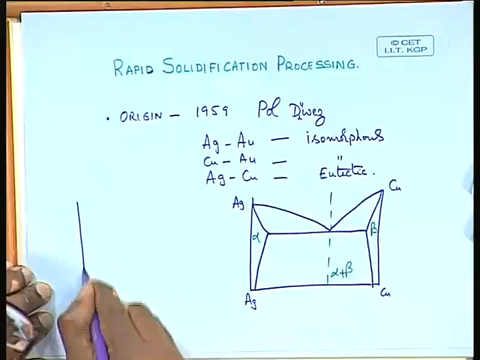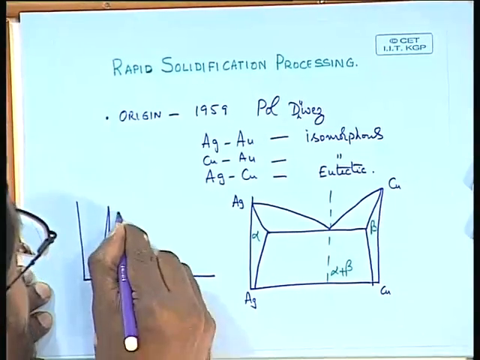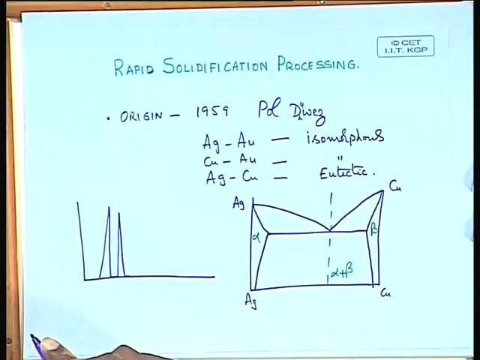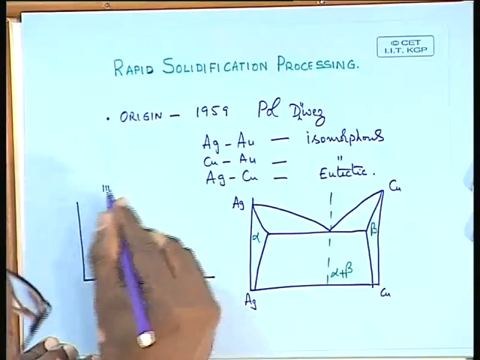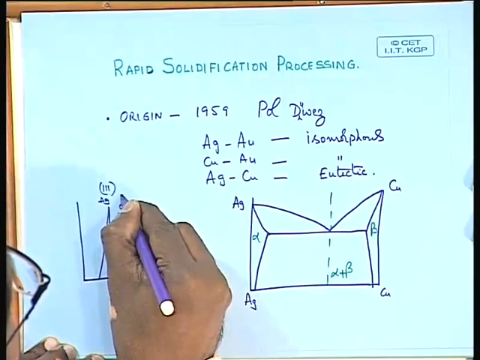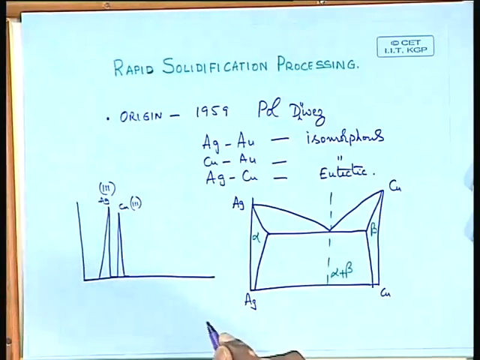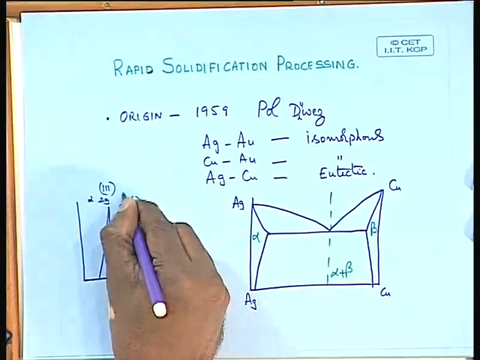If you look at the XRD pattern, you will have two 111 peaks. At the moment we still do not know which one will have a lower theta and which a higher theta, let us not bother about it, but you will have two 111 peaks: one of the silver based solid solution, which you call alpha, and one of the copper based solid solution, which you call beta.